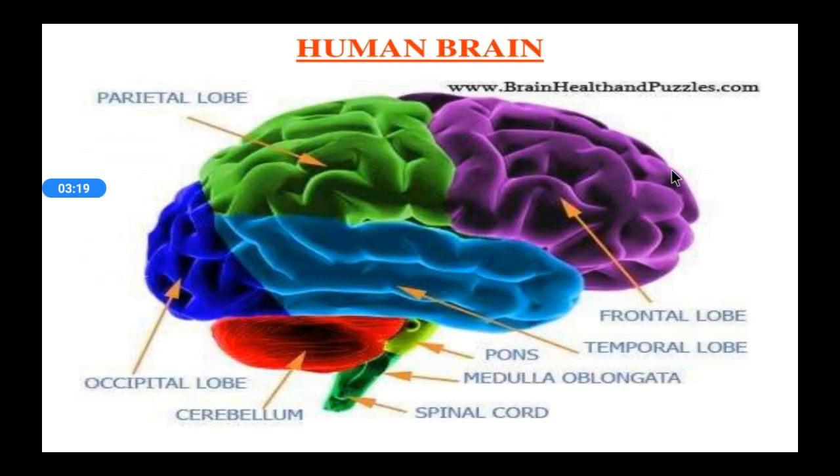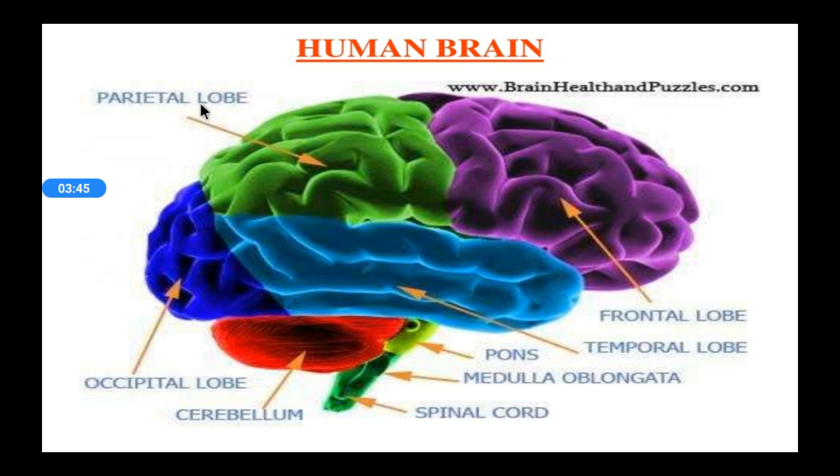Here you can see the diagram of the human brain, which is also given in your textbook. Here you can see the lobes: parietal lobe, frontal lobe, temporal lobe, and occipital lobe. The parietal lobe's main function is conscious association, that is, touch, pain, and temperature.